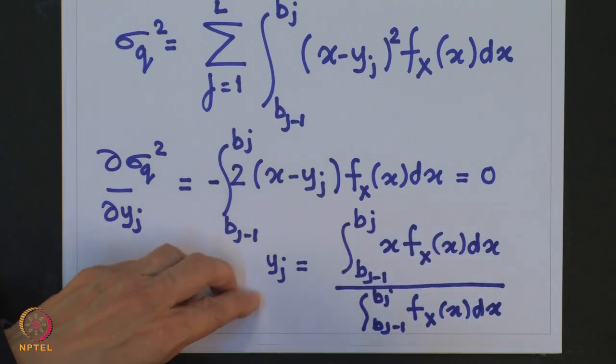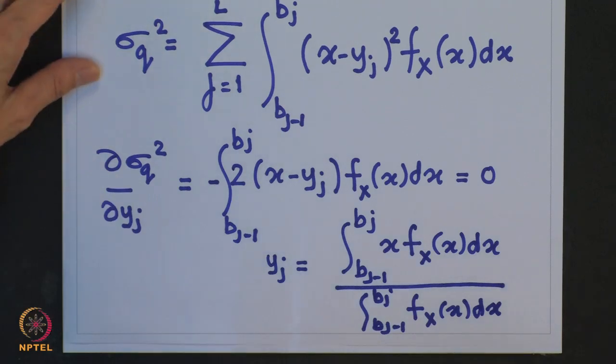So Yj is the centroid of that interval, fine.